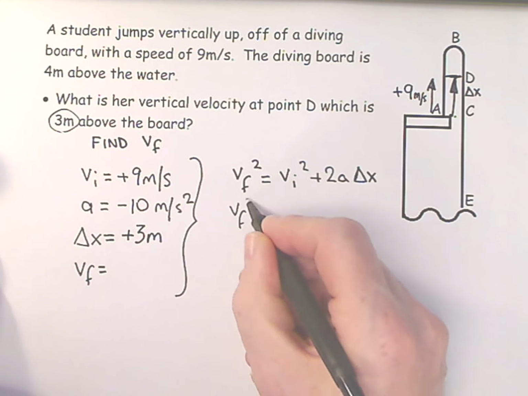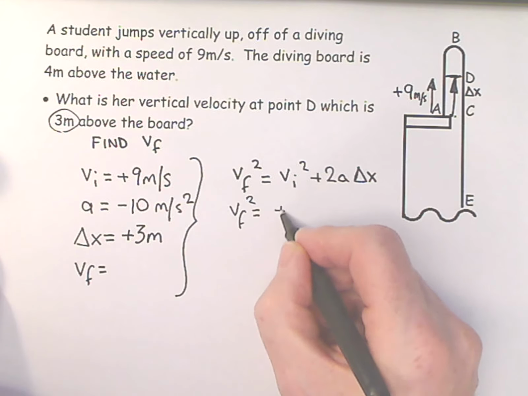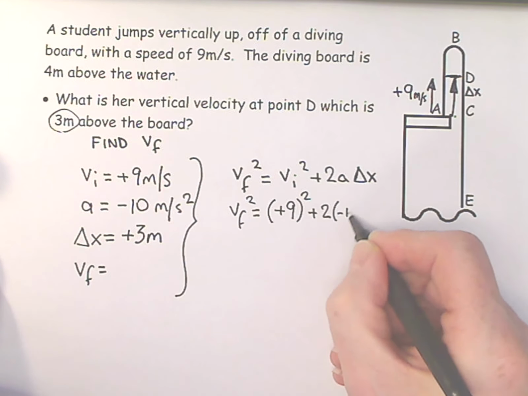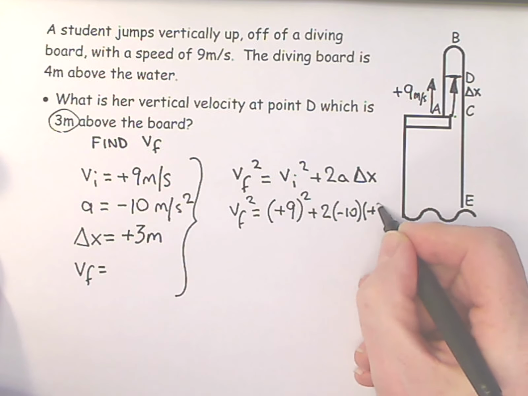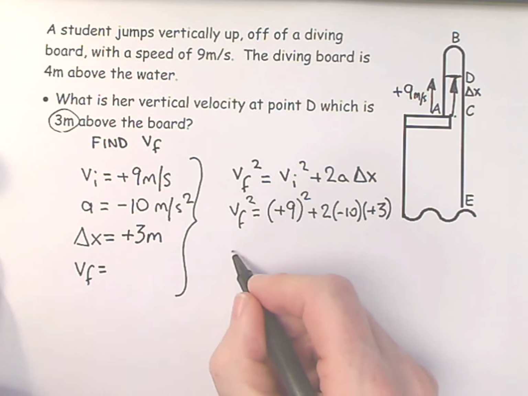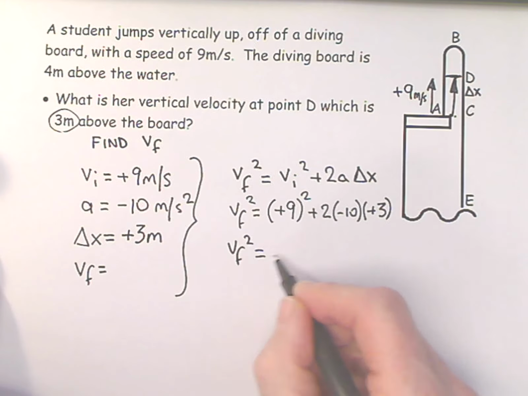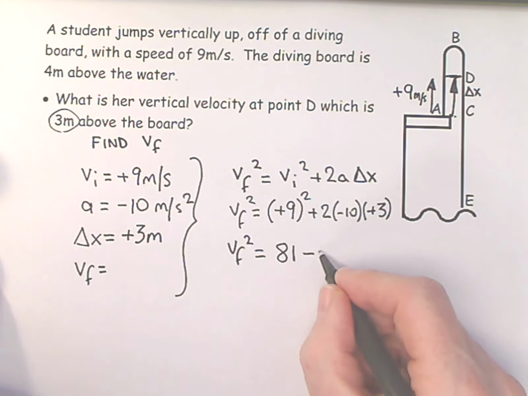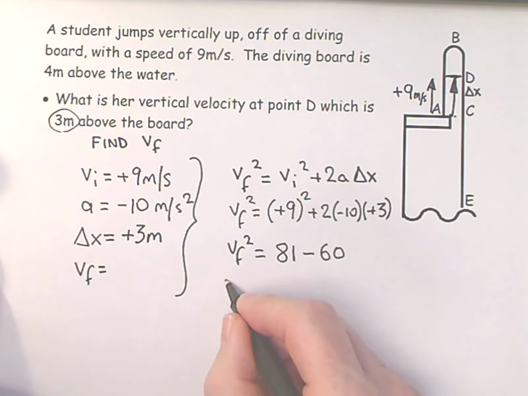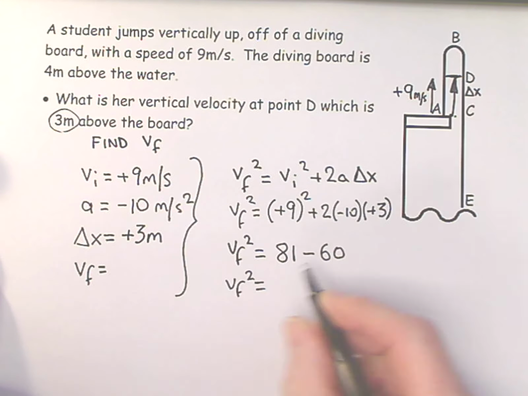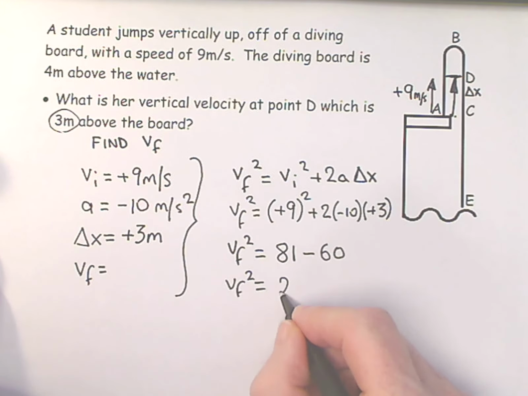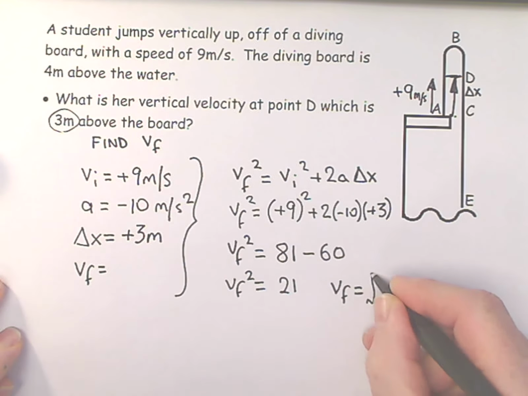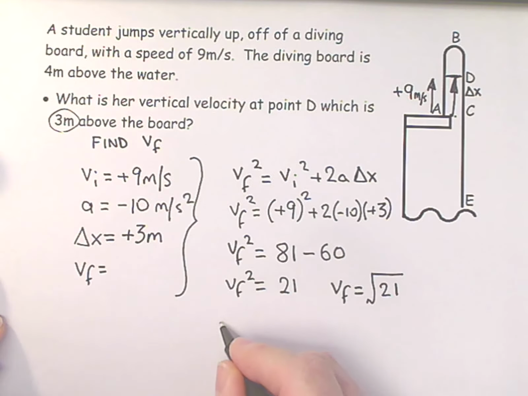So VF squared is equal to plus 9 squared plus 2 times minus 10 times plus 3. So VF squared is equal to 9 9s are 81, minus 2 3s are 6, 6 times 10 is 60. VF squared is equal to 21. So VF is equal to the square root of 21.